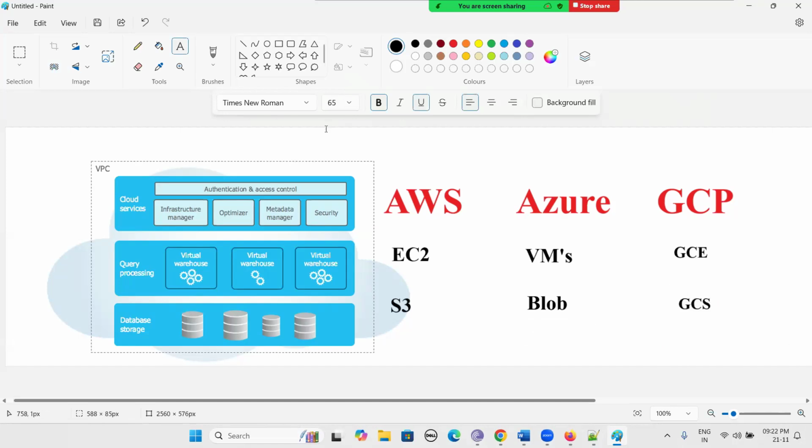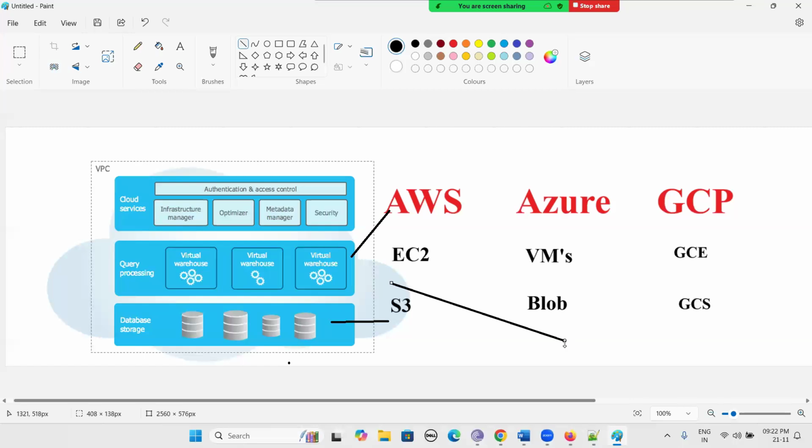So if you use AWS, it uses EC2 for virtual machines, and for data storage it uses S3.